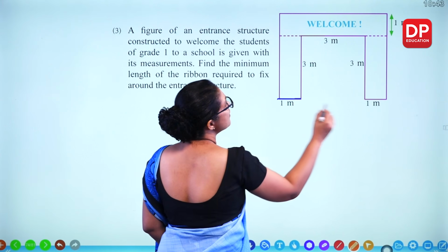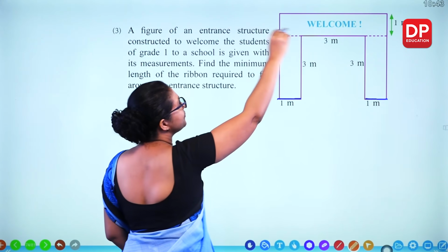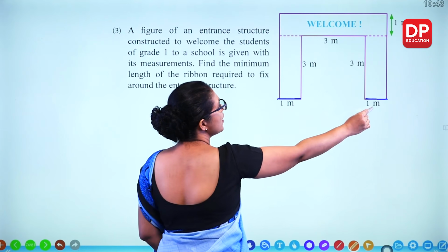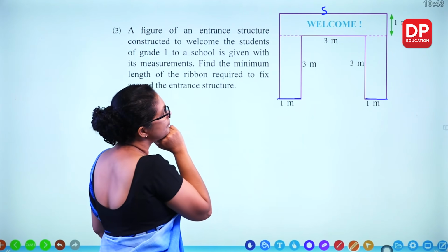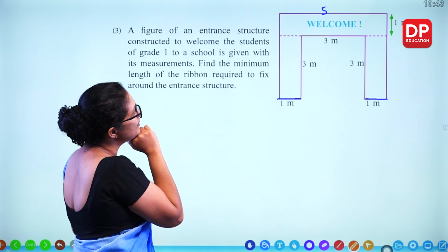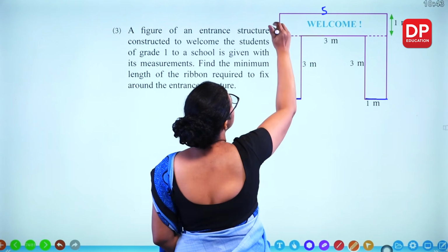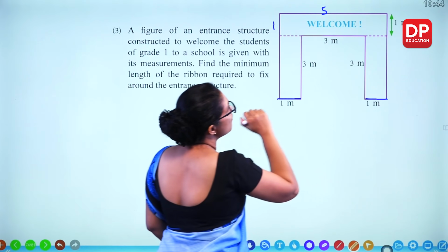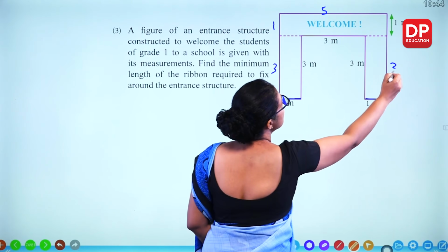This is 1. This is 1. So this is 3. So what's this one? 1 plus 1, 2. 2 plus 3, 5. Then this is 1 meter. This is also 1. And what is this side? This is 3. So this is 3, 3.